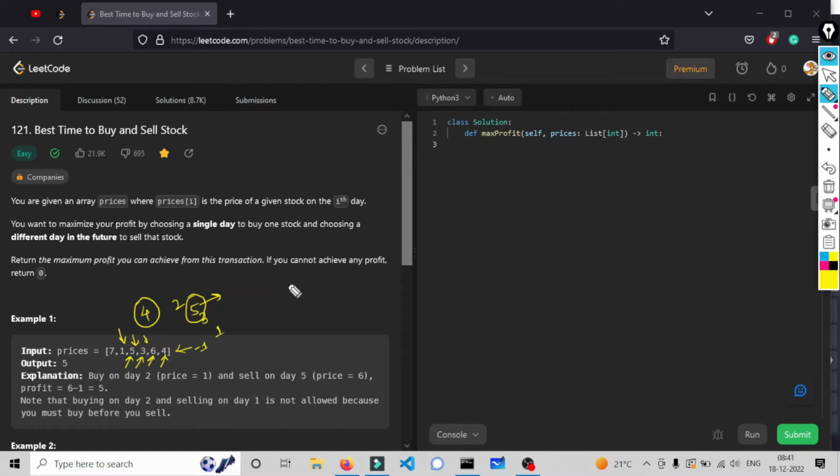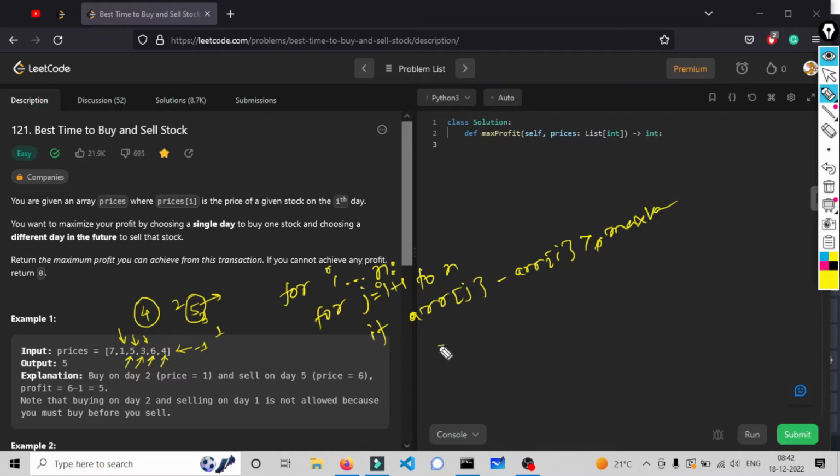So what I did: for i from 0 to n, and for j equal to i plus 1 to n, check if array of j minus array of i is greater than the max value, then update the max value.